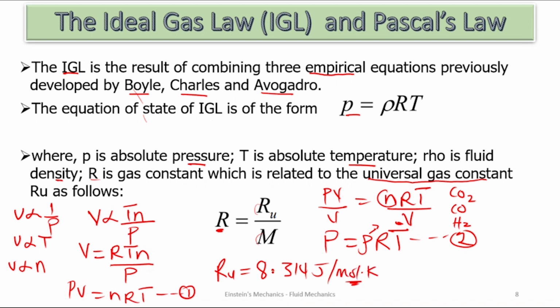So this is it for the universal gas constant. You can express it in kilojoules as well, and it will help you. So basically, this is the ideal gas law and how we obtain it. We will use it for many calculations in the upcoming sections.